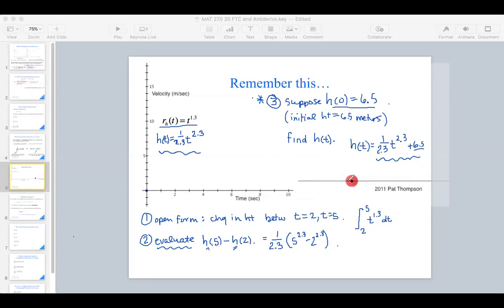So you can imagine, oh, it's not launching off the ground, it's launching from something higher. So if it was 6.5 meters, here's our height function. And if you did h of 5 minus h of 2 using this, it would still come out to be the same exact thing as before, which I don't know what this is as a simplified decimal. It's an ugly number with 2.3 powers. It's not going to be anything nice.